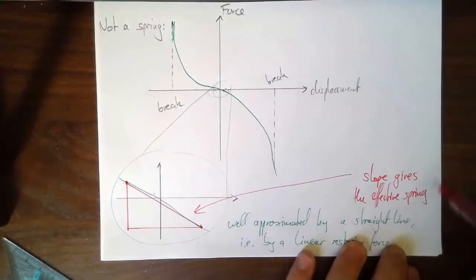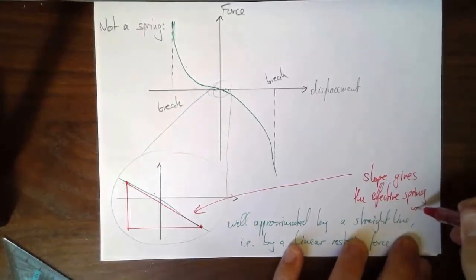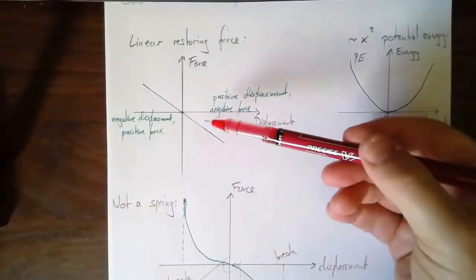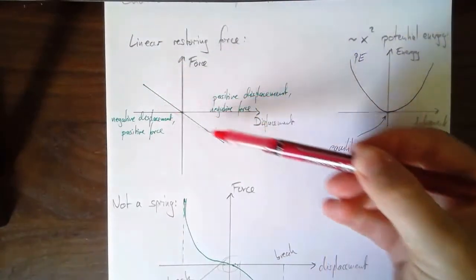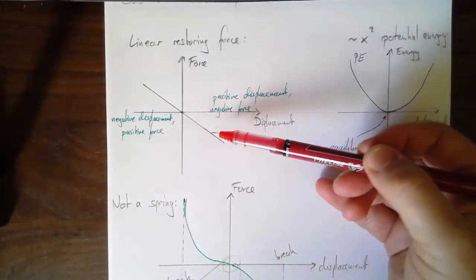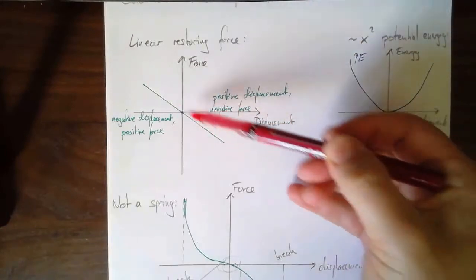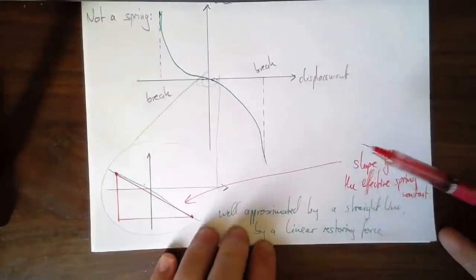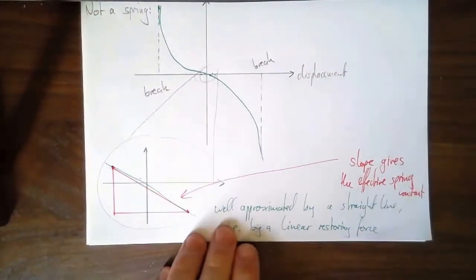So for practical purposes, it is a spring constant. Because up here, of course, the slope of this is the spring constant. F equals minus kx. The slope is minus k. So the steepness of it is k. Same thing here. This is how I approximate it.